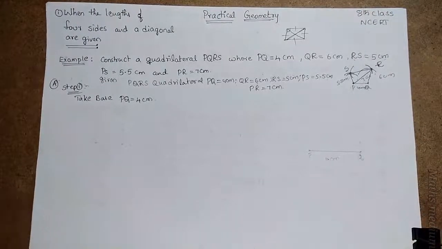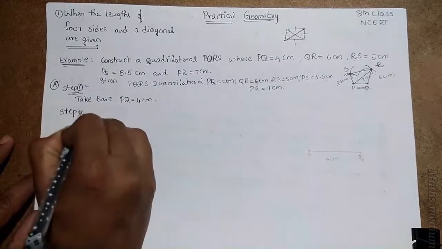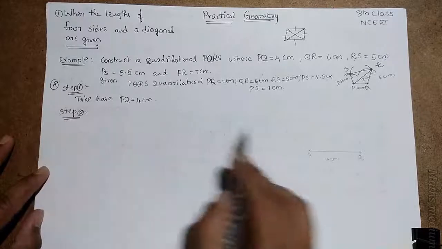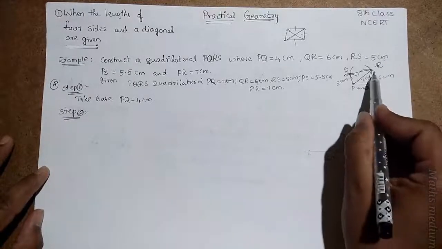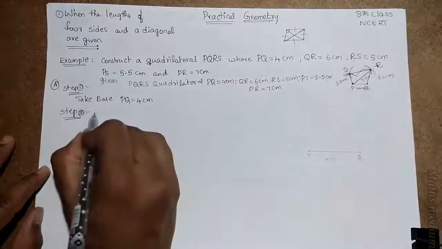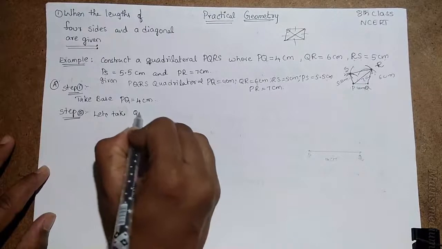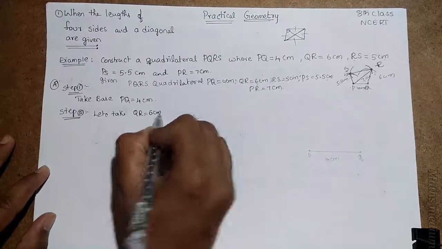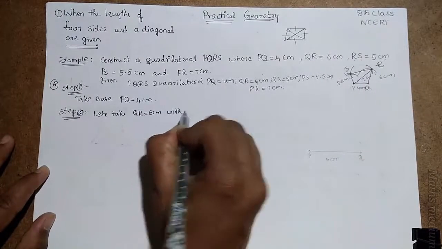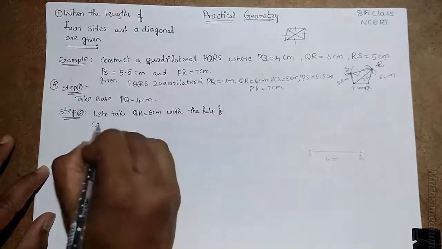Okay. Next step, step 2. What do we have to do? QR or PS we have to construct. I am taking QR here. So let's take QR equal to 6 centimeters with the help of a compass.